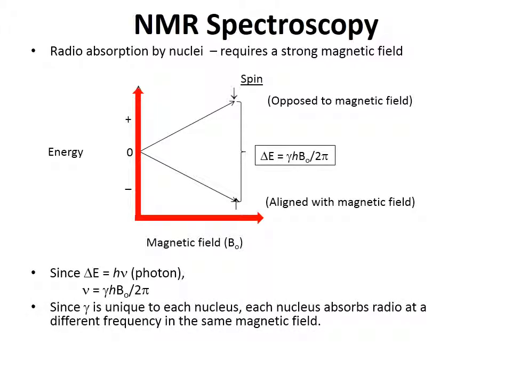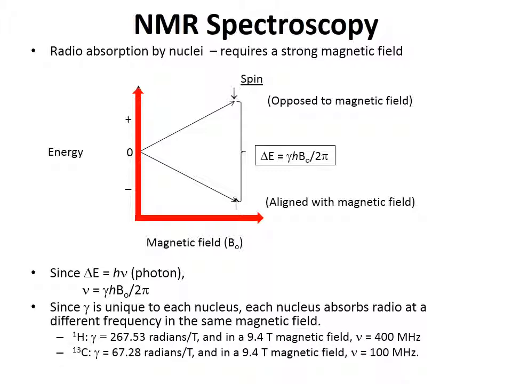Since gamma is unique to each nucleus, each nucleus absorbs radio at a different frequency in the same magnetic field. For example, a proton has a gamma of 267.53 radians per Tesla. And in a 9.4 Tesla magnetic field, which is pretty typical for your standard workhorse NMR spectrometer, the frequency for that proton absorbing radio is 400 megahertz.